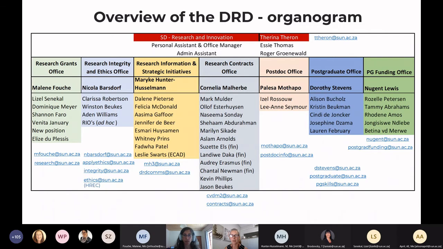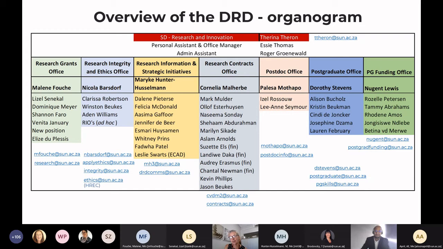Dorothy and her team also generally look at processes and policies and systems related to postgraduate students. And Lauren, who provides a lot of support to the whole team. And then last, but certainly not least, Nugent, if you can switch on your camera, the Postgraduate Funding Office headed by Nugent Lewis, where they deal with everything related to postgraduate bursaries.